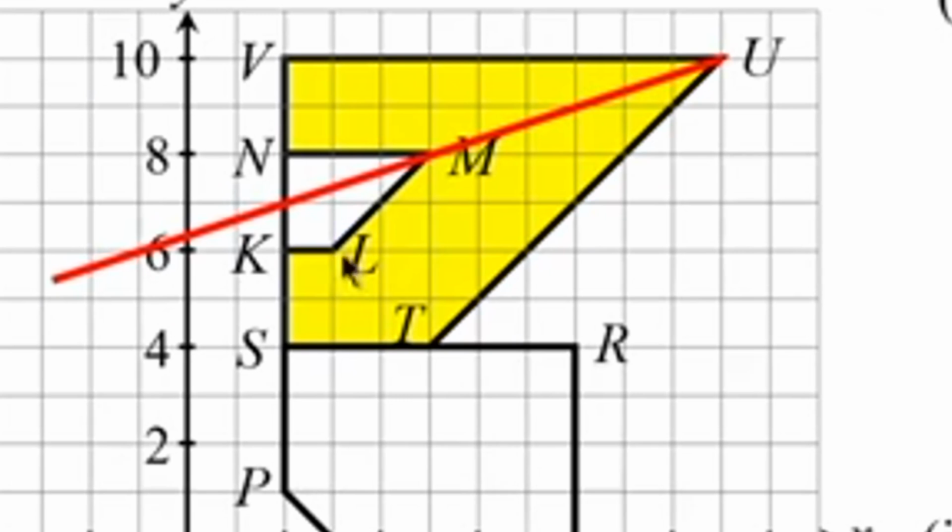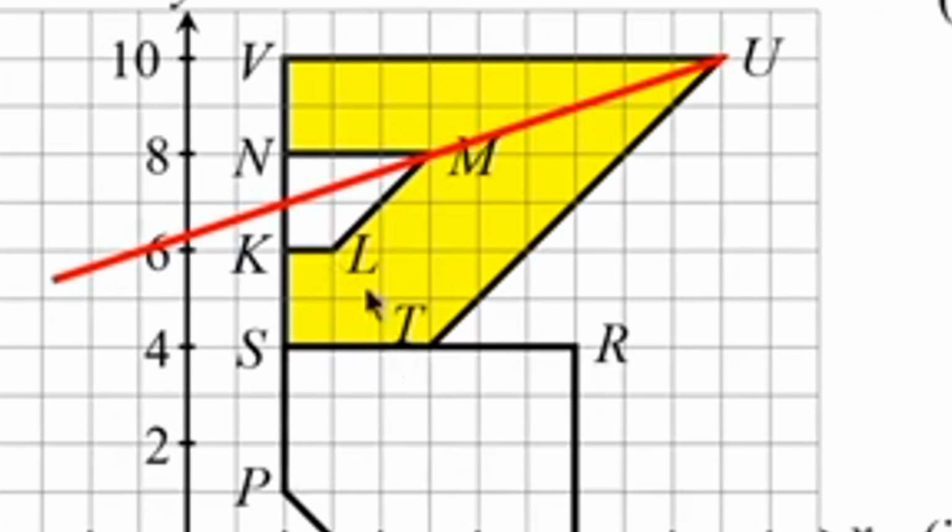Alright, so for the other point, for L, it will go to T when you enlarge, right? So you use a ruler. Make sure you put your ruler exactly on point L and point T, and then you draw a straight line and extend it so that the two straight lines will intersect with each other.